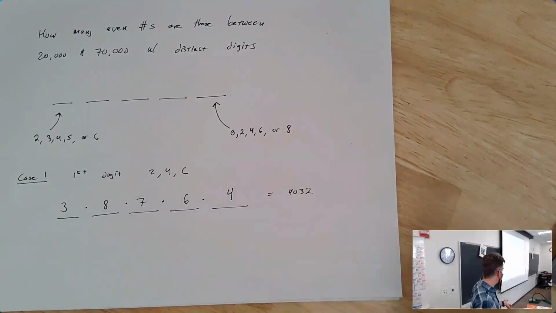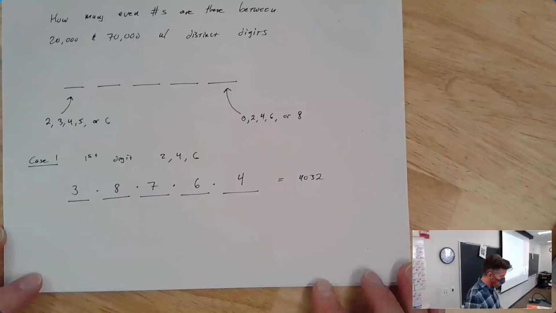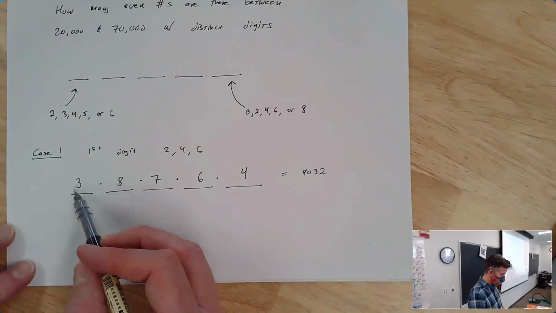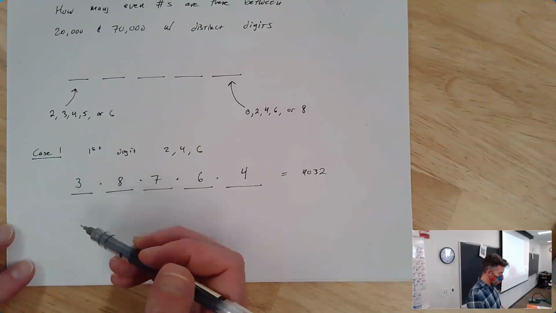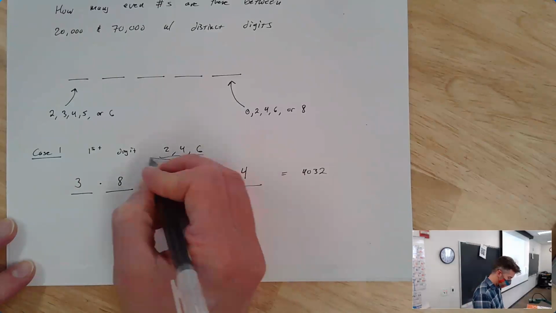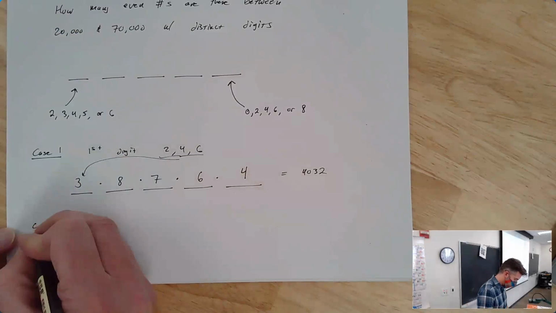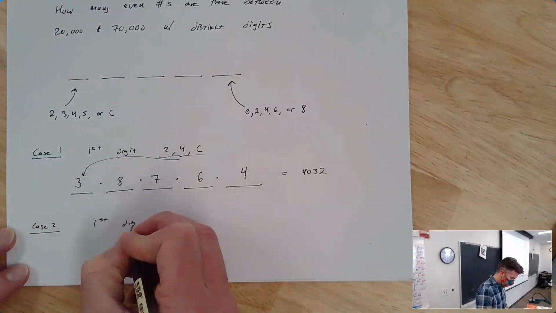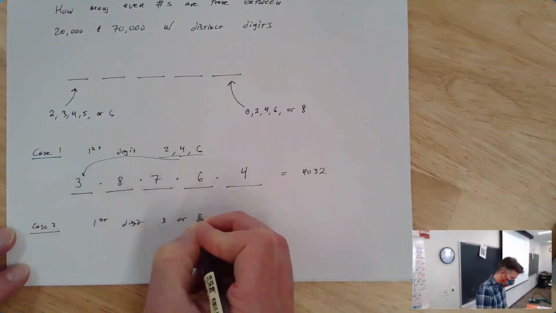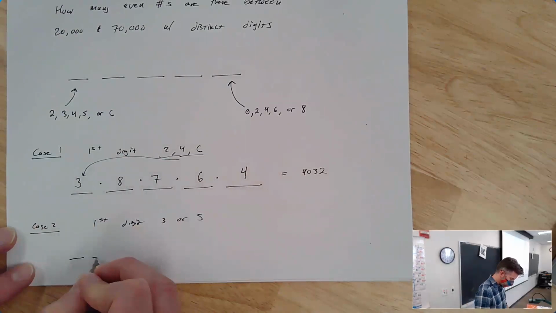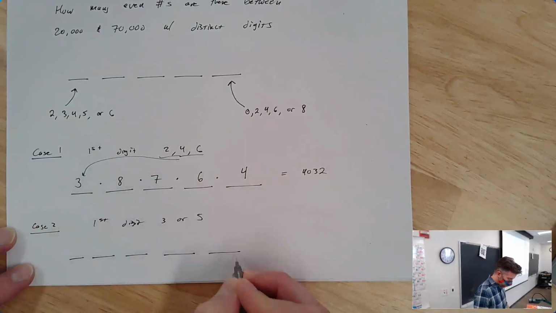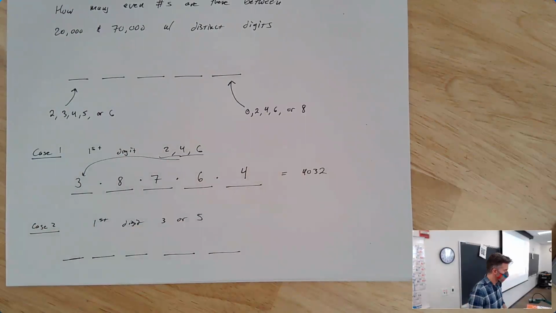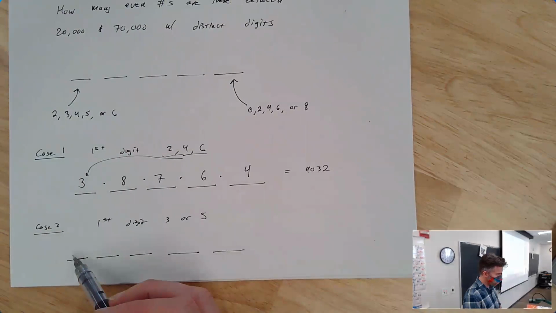But we're not done, right? Because those are all the cases where the first digit is either a 2, a 4, or a 6. You could also have another case where the first digit is a 3 or a 5. Okay, I want you guys to figure out what this is going to look like. How many choices do you have for your first thing?